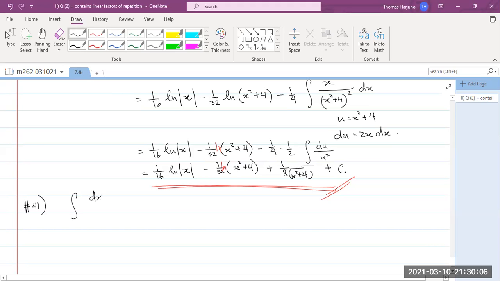So this is dx over x squared plus square root of x. I will substitute u equals square root of x. Okay, and you can do it this way actually. You don't need to do the derivative directly from there. You can write u squared equals x and then do the derivative. Do you think that's better?